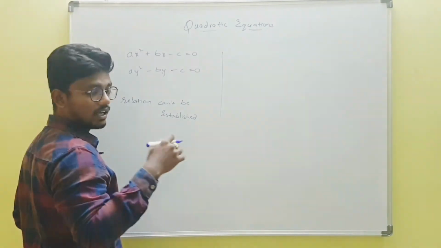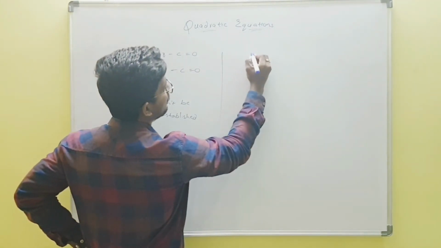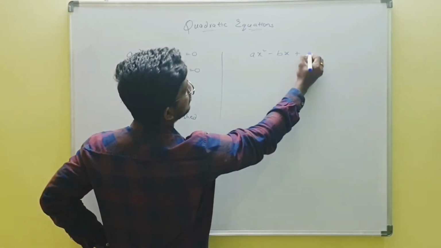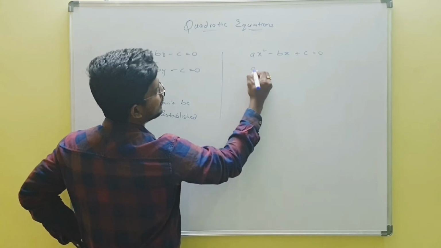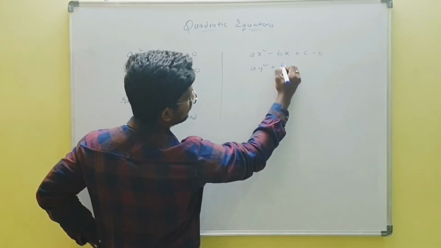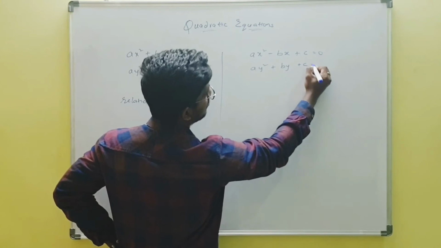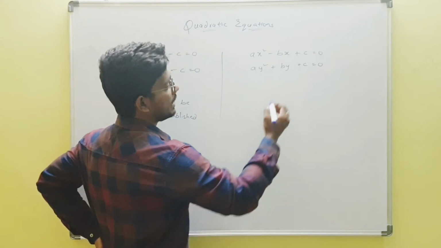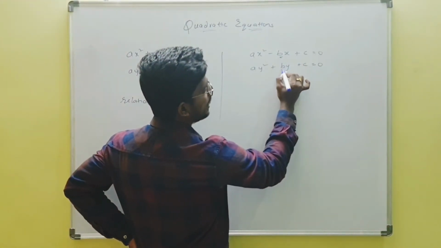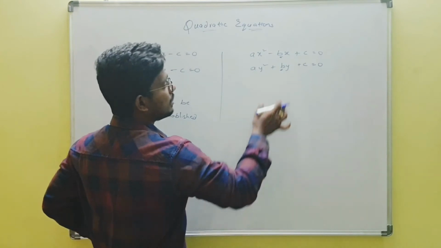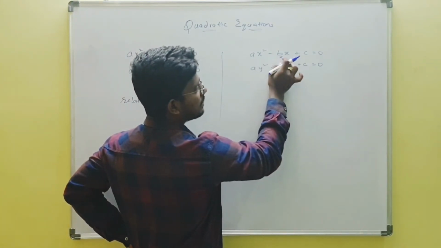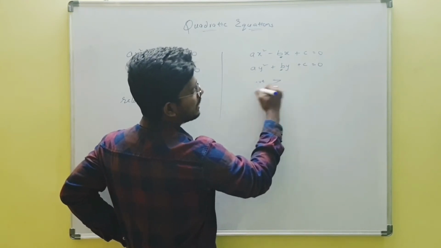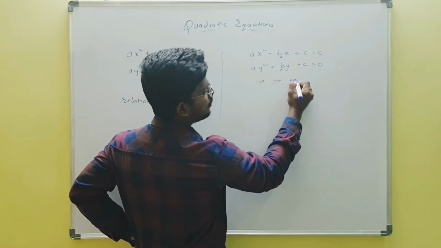And the other important note point is, if the equations are in the form of ax square minus bx plus c is equals to 0 and ay square plus by plus c is equals to 0. Here the product of a and c is positive and the coefficients of x and y have different symbol, then the coefficient of x is negative, so the negative coefficient will be having greater roots when compared to the positive coefficient roots.